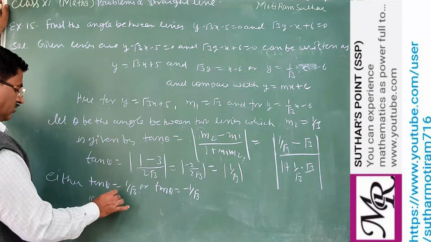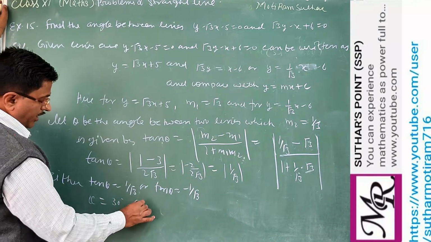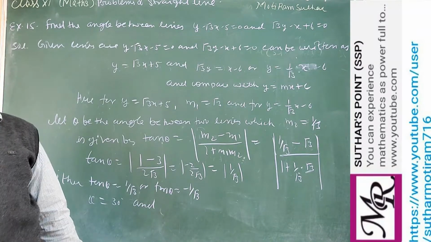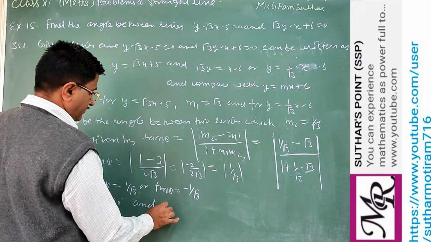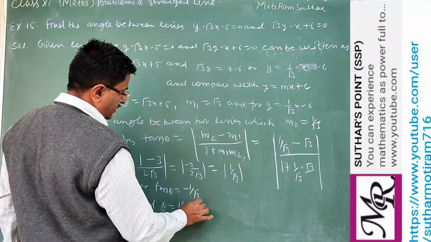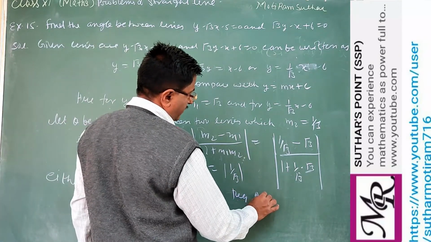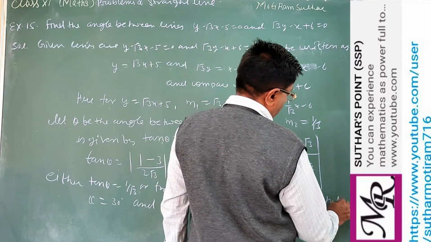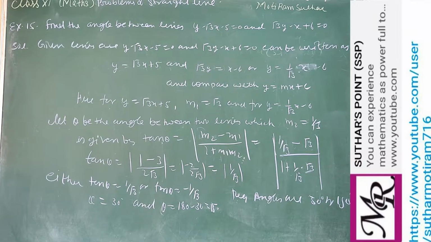So you know at what angle the value of tan theta is 1 upon root 3: that is 30 degrees, and the other angle will be 180 minus 30, that is 150. So you can say the required angles are 30 degrees or 150 degrees. So dear students, in this way one can find the angle between the two lines.